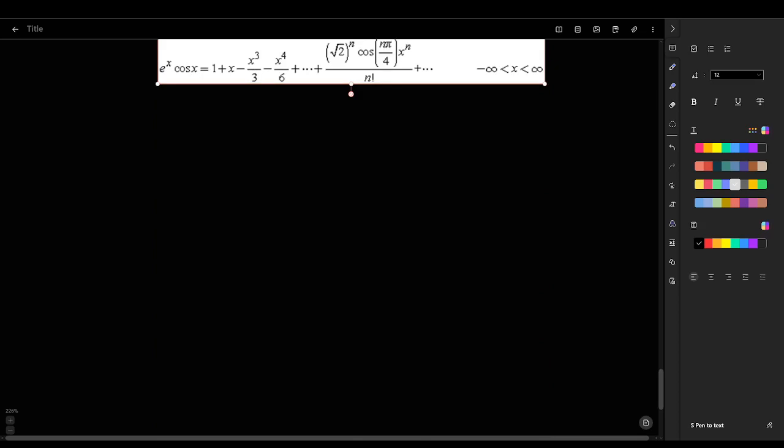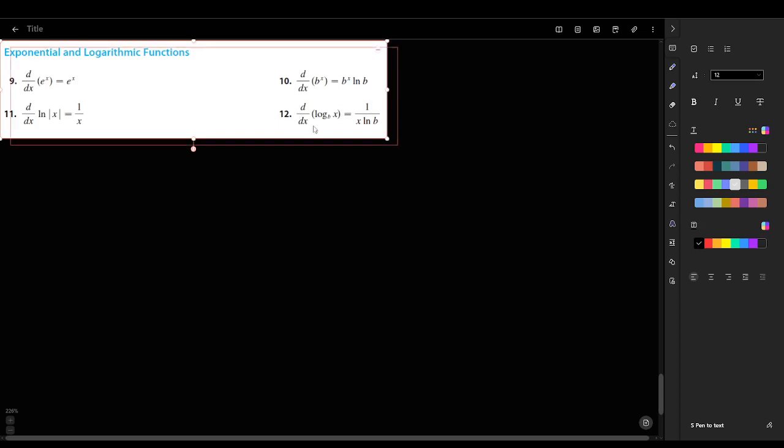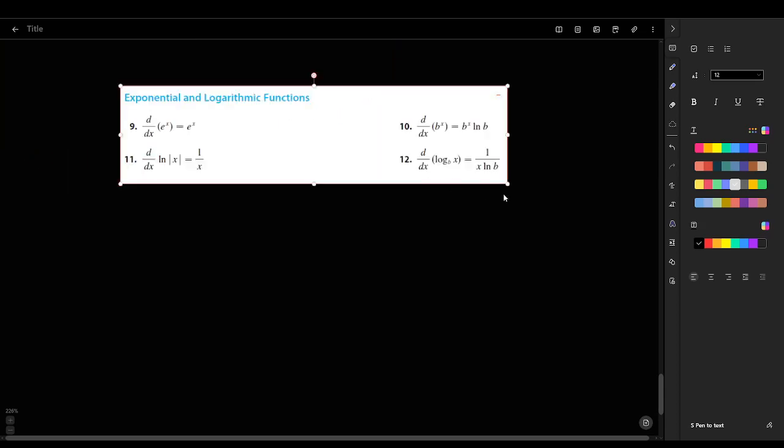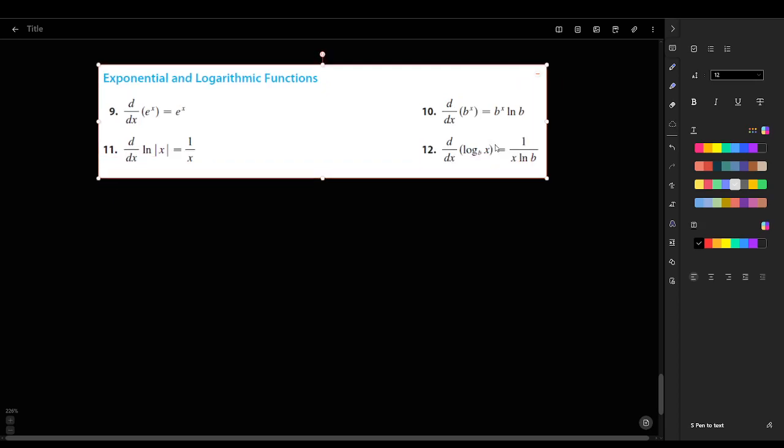Okay, and finally, that's pretty much of it. Finally, we need to apply the differentiation formulas of exponential and logarithmic functions. So we have four useful differentiation formulas. The first one: the differential of the exponential e^x is just equivalent to e^x.